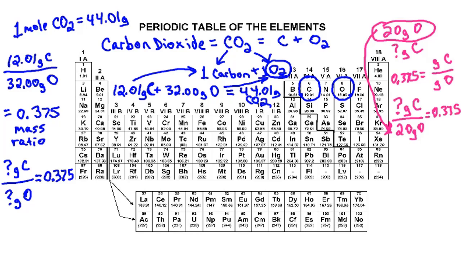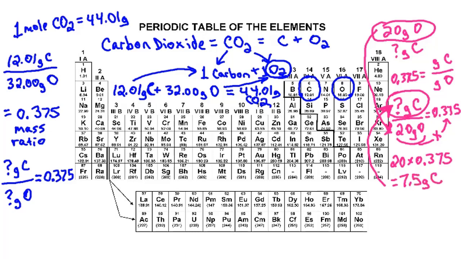Now, since we don't know the number on the top of the division bar, we can take this bottom number, the 20 grams of O, and we can multiply that by the answer, the mass ratio, 0.375. So 20 times 0.375 is going to give us what our question mark is, the number on the top of the division bar. So 20 times 0.375 is 7.5.